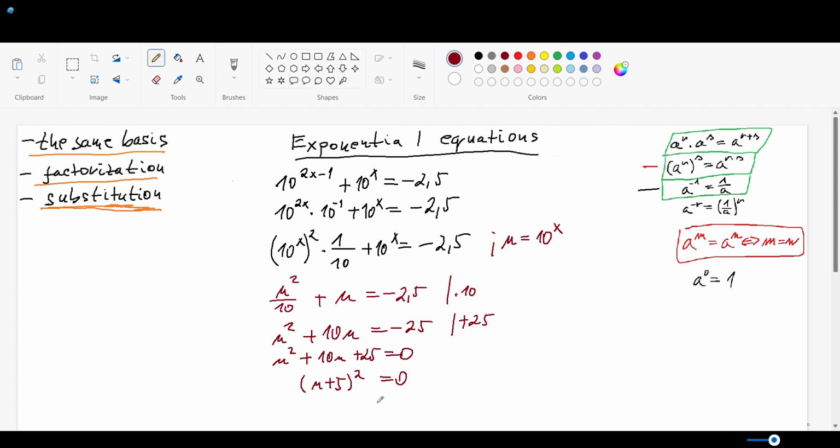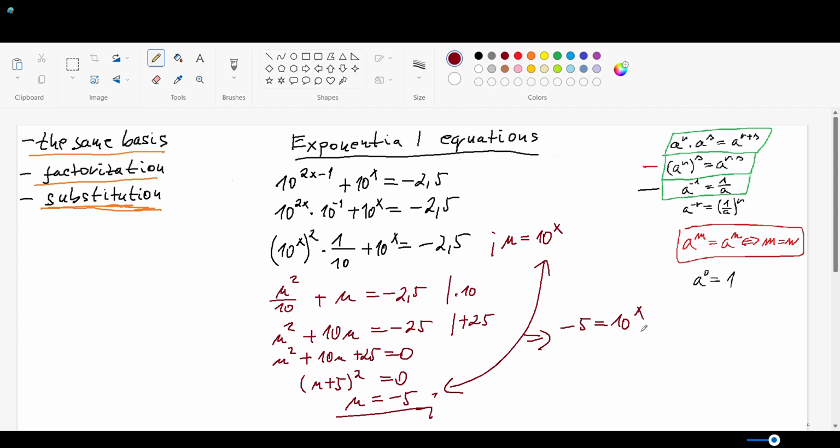And as you already know, this is true if and only if u is equal to -5. There is no other solution of this equation. Now let's go back again to the substitution. We substituted 10 to the power of x by the unknown u, and connecting these two facts together, it would mean that negative 5 is equal to 10 to the power of x.